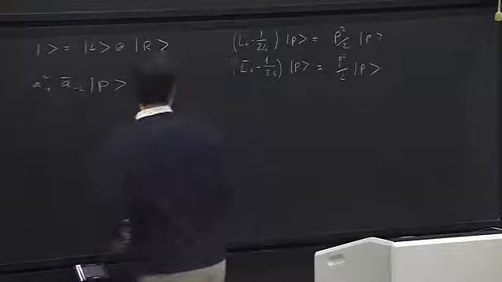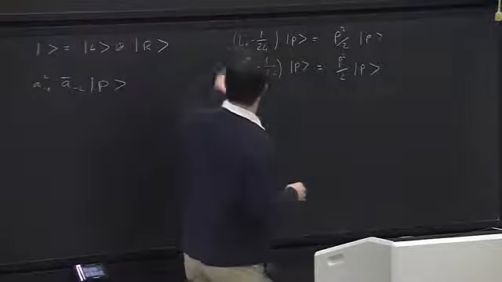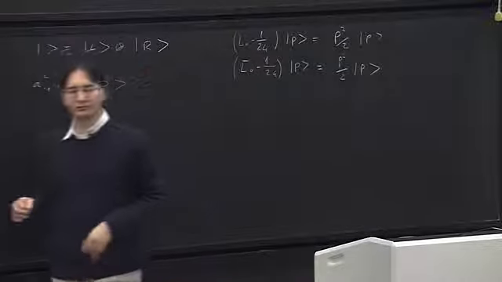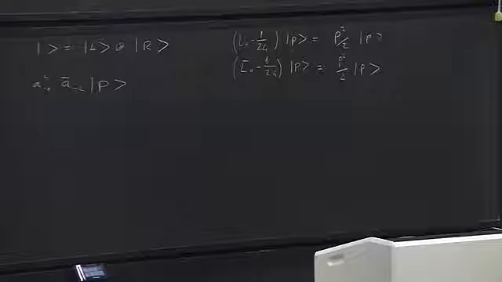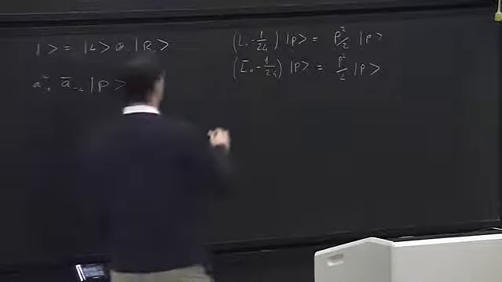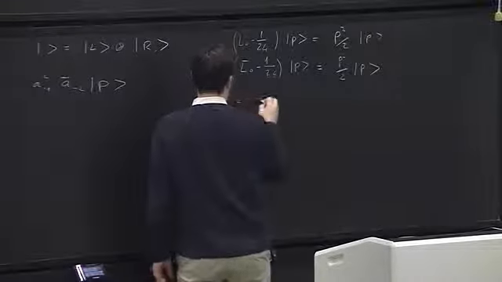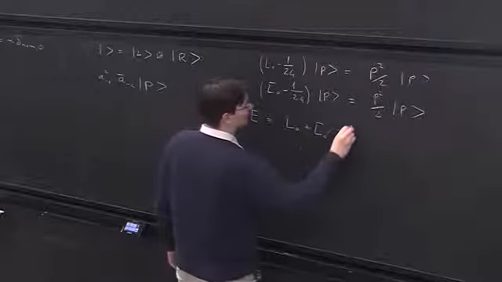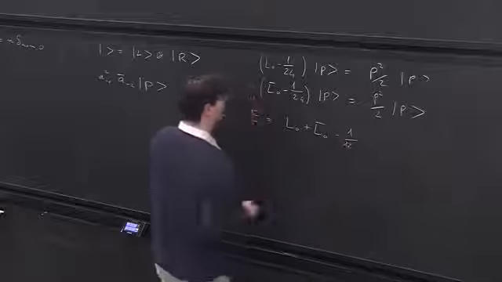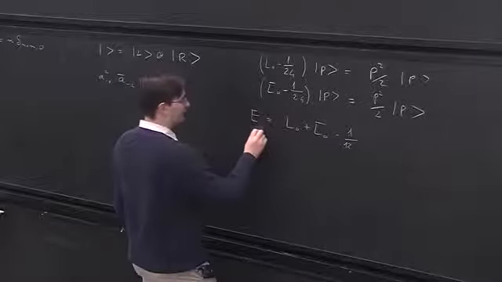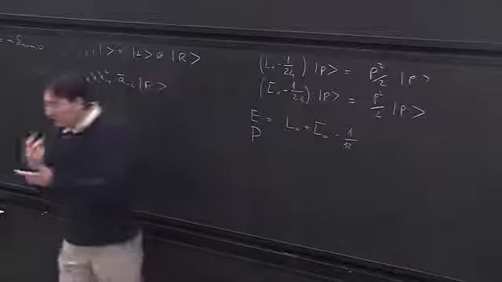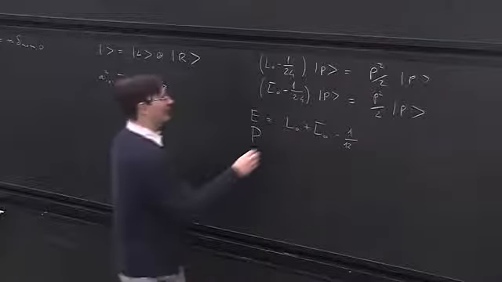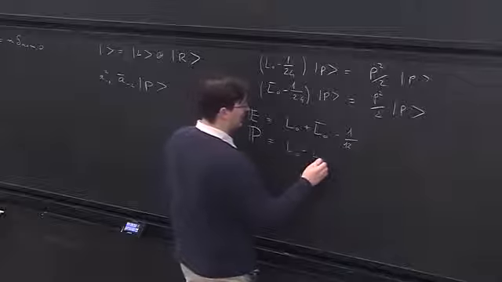So the total energy is the sum of these two operators. The energy of a state is N plus N-bar minus 1/12. The momentum on the worksheet of the state is N minus N-bar.